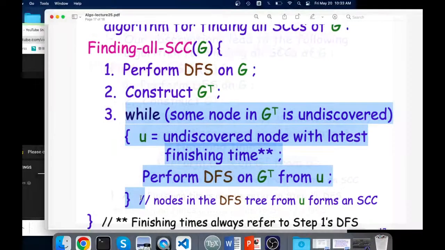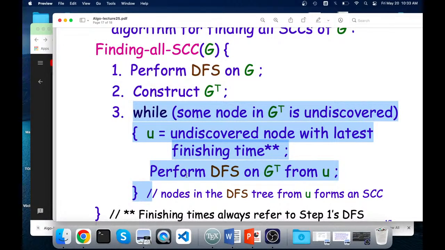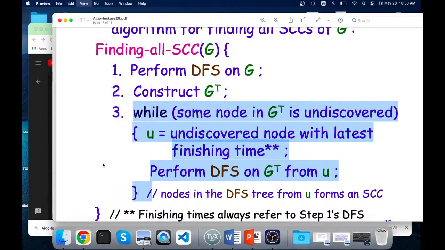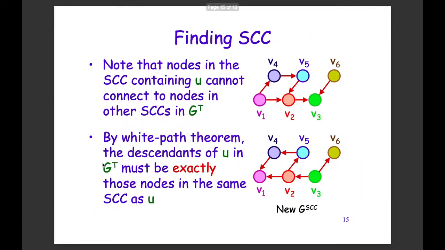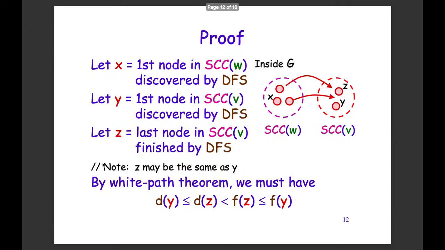Okay, so that's all for today. Actually, before I stop here, I want you to compare this algorithm with the topological sort. Now in topological sort, we have a DAG as an input, right?